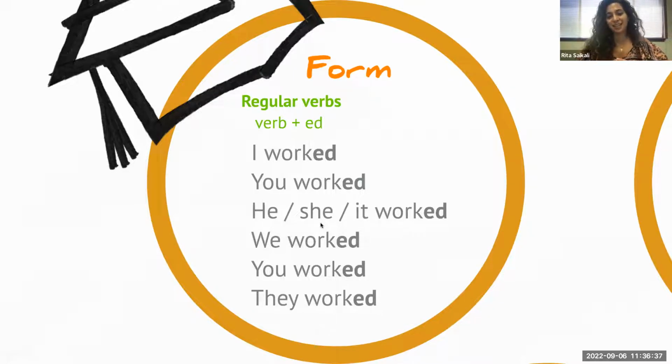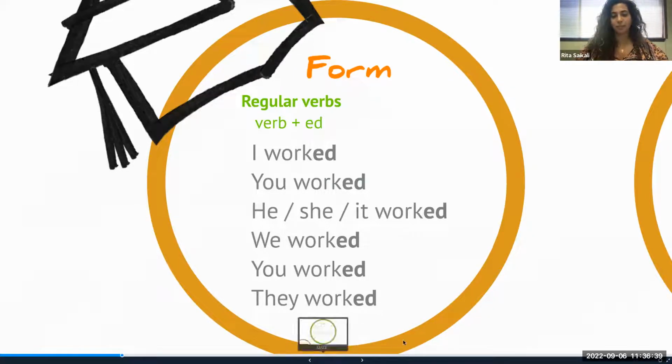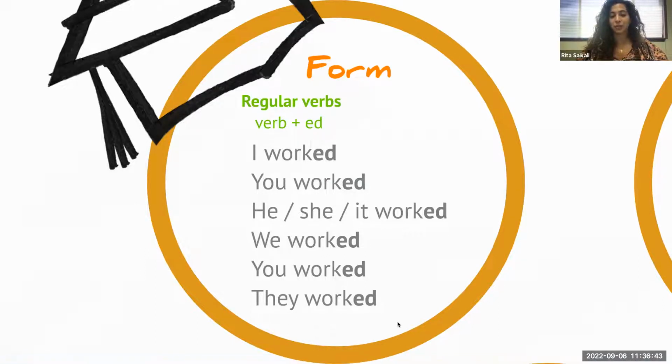In simple past, you don't have to worry about things like you do in simple present. In simple present, the third person singular is different, whereas in simple past, there is no difference. It always ends with ed if the verb is a regular verb. Cool? Awesome.